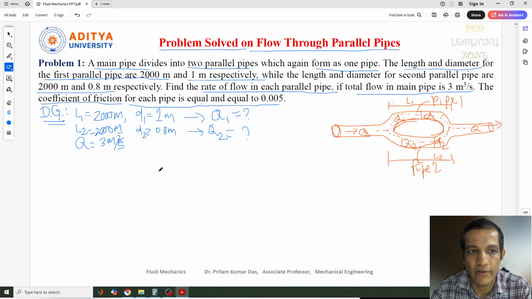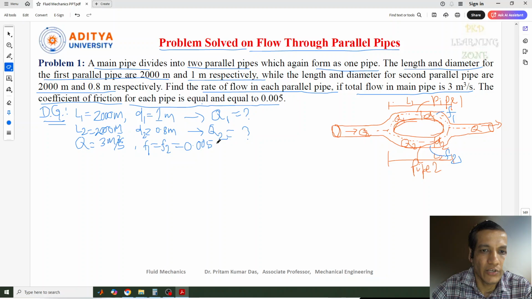And the coefficient of friction for this pipe is F1 and for this pipe is F2. For both pipes the coefficient of friction is the same, so no need to write F1 and F2 separately; we can simply write F, and the value is 0.005. Now we need to find out the discharges Q1 and Q2.